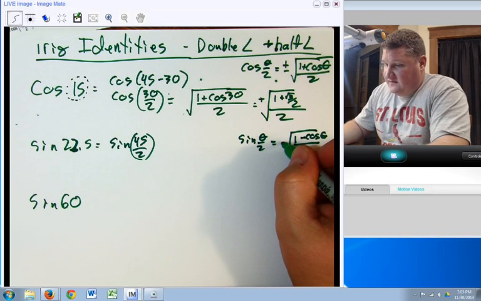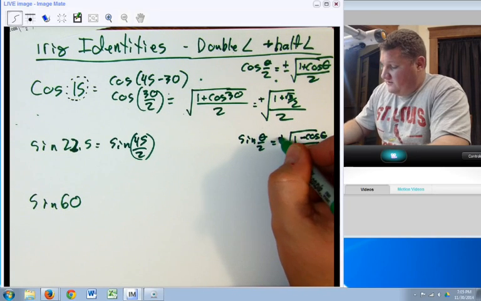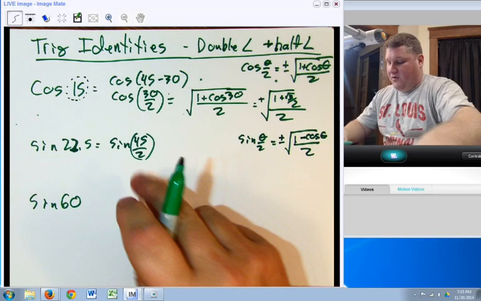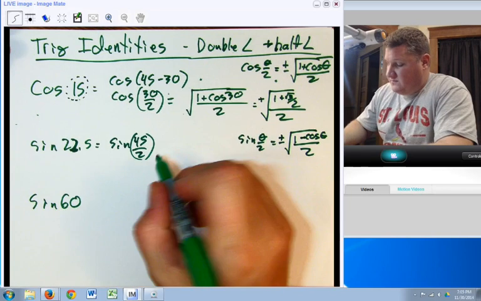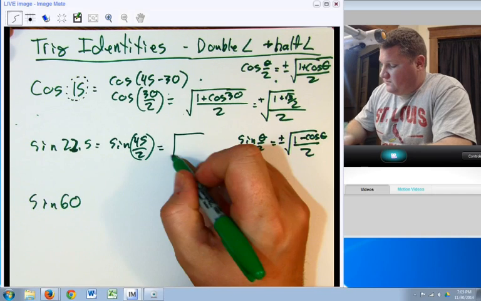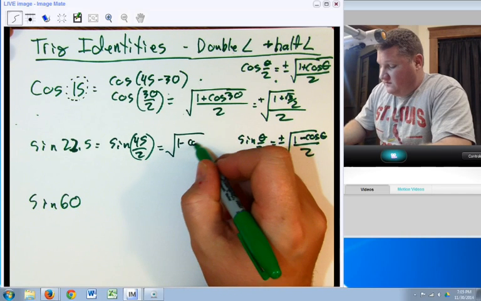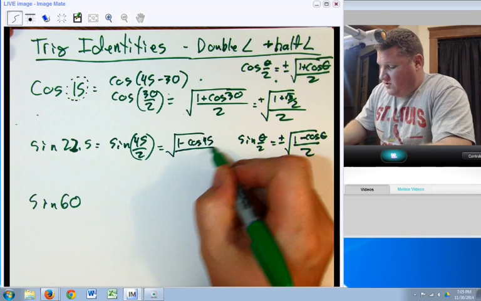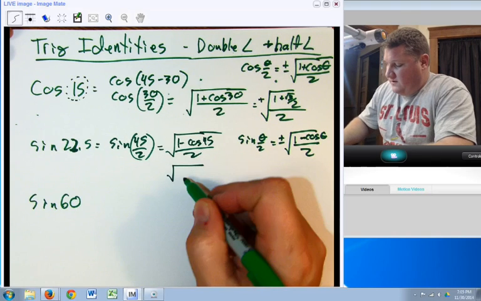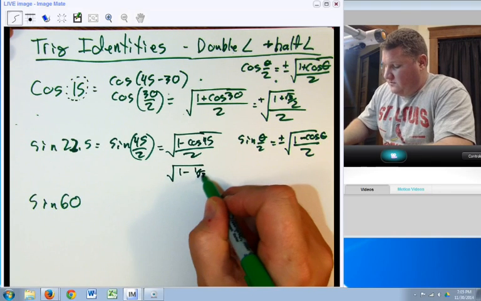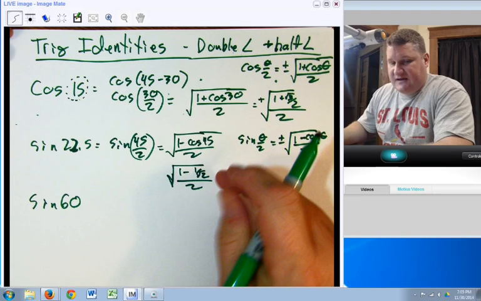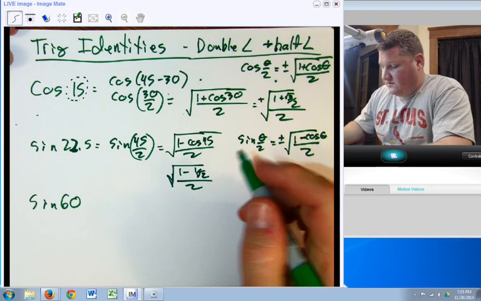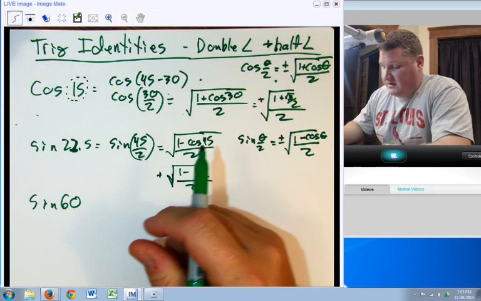And again, in this case, you're going to end up with a plus or minus sign. Since both are in the first quadrant, we're going to just deal with the positive. So I'm going to say square root of 1 minus cosine 45 all over 2. So that is square root of 1 minus 1 over root 2 all over 2. Again, do you start to see why we're not rationalizing here? It would just be a big mess.